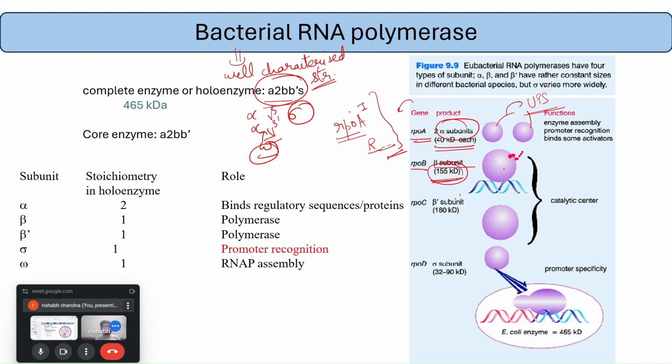Okay, and in these two subunits, the Mg2+ cation is involved as a cofactor. Then we have the beta prime subunit, which is 160 kilodalton, the largest subunit of this enzyme, coded by the rpoC gene. Along with the beta subunit, it forms the catalytic center.